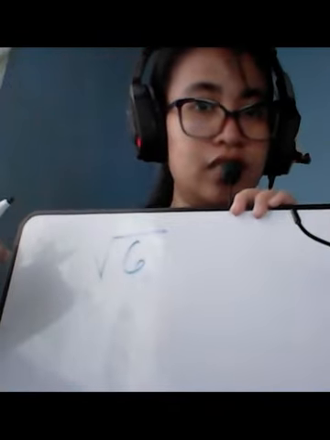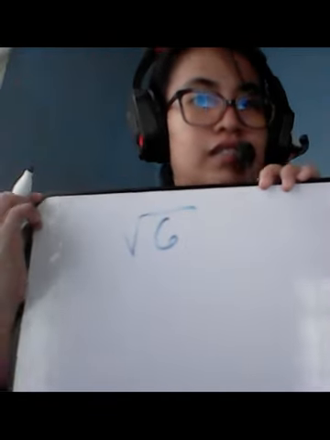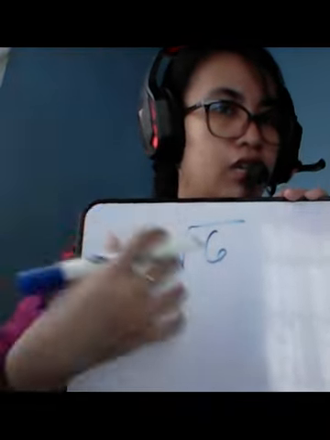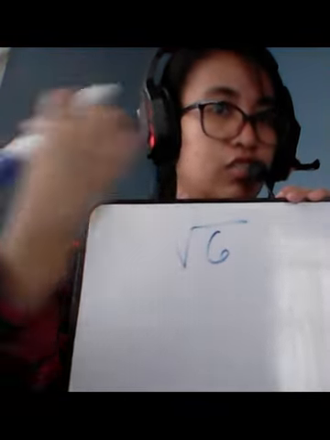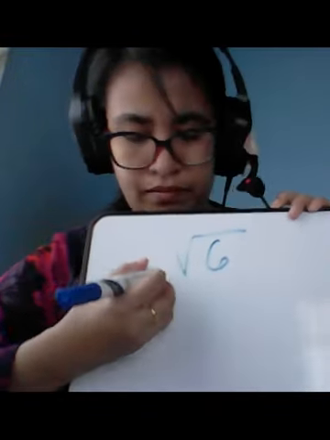So first is the square root of 4, because 4 has a square root. Then on the right side is the square root of 9. This is how you write it.